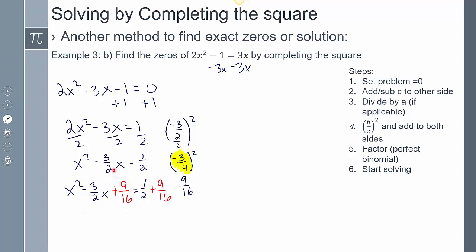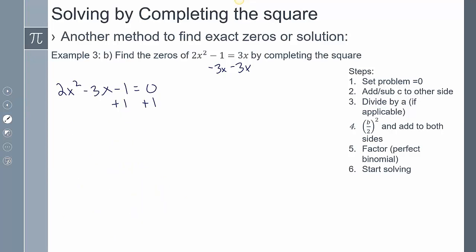What the heck is going on here? And so a hint is the fact that it's going to factor into x and then whatever this number is. So in this case it's x minus 3 fourths squared equals, and then if I add these together, find the common denominator between 1/2 and 9 over 16, that turns into 17 over 16. But let's prove that.